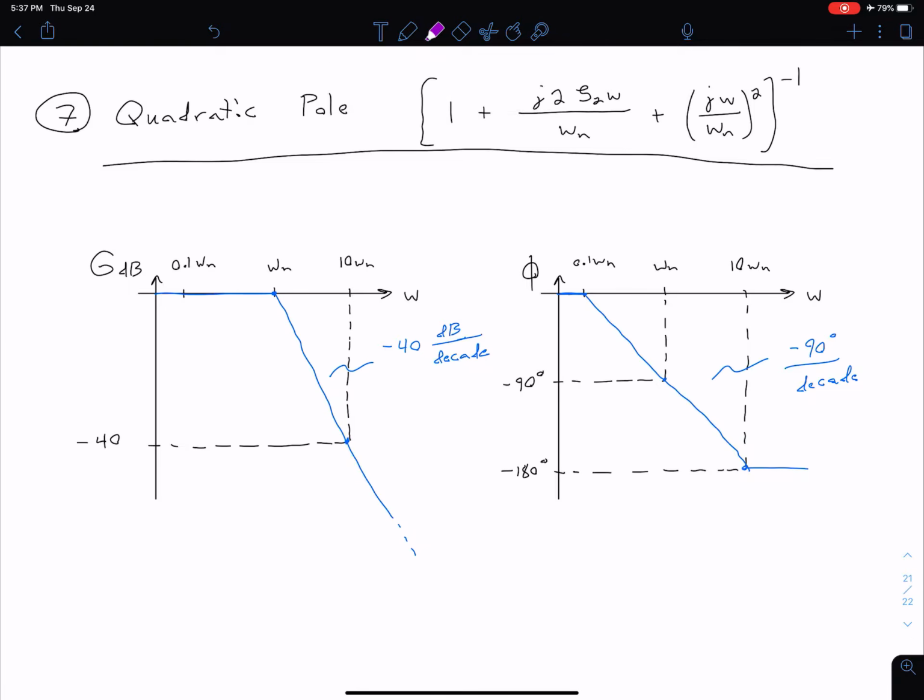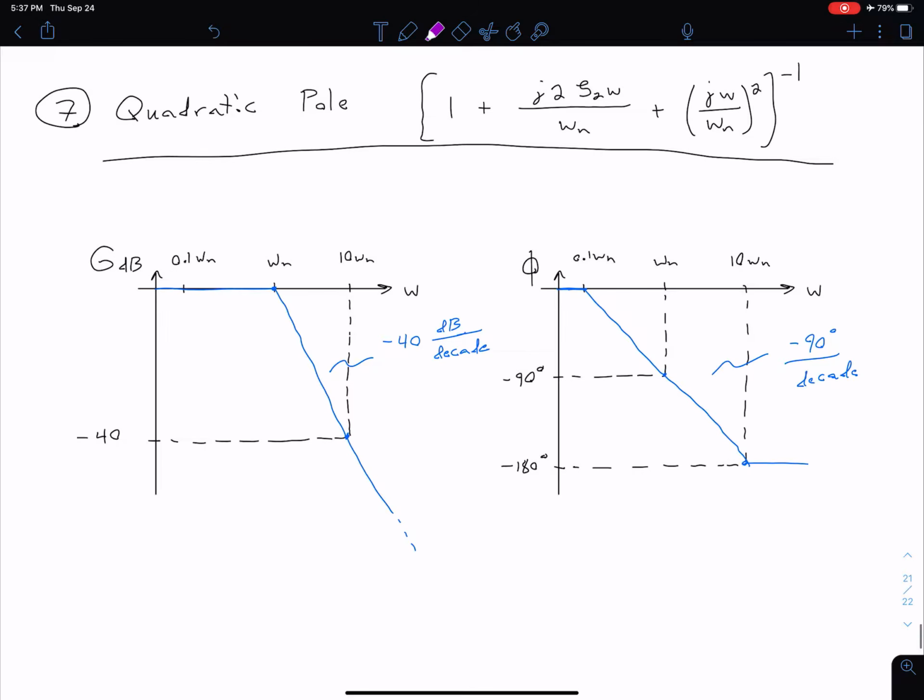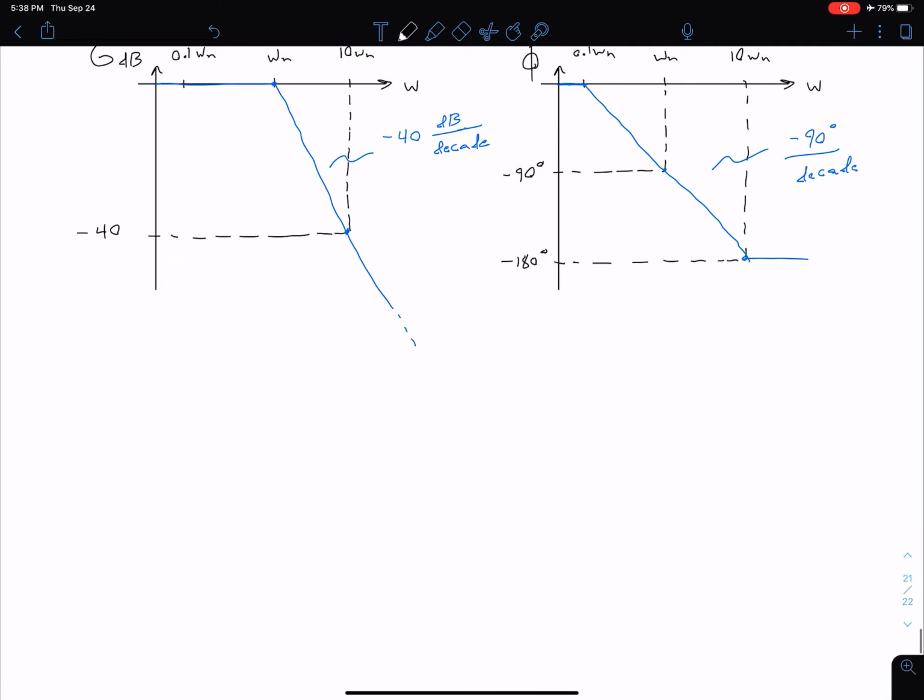It looks exactly the same as a quadratic zero, except our slope for the gain is now -40 dB per decade as opposed to positive, and our slope in the phase is -90 degrees per decade as opposed to positive 90 degrees per decade. So that covers the 7 different terms that we can see.